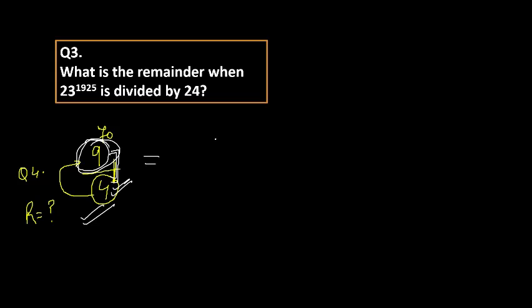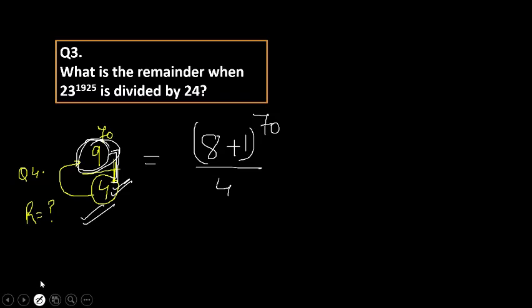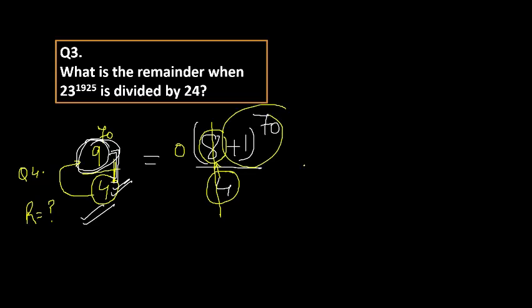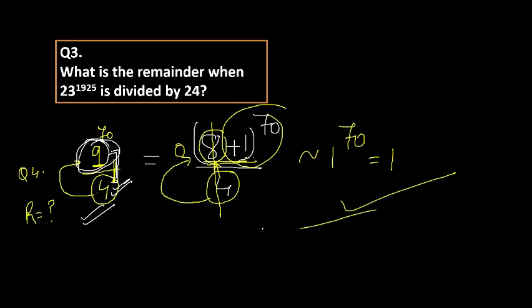Can I write 9 as 8 plus 1? तो मेरा काम तो हो जाएगा ना, बिकॉज पहले मुझे 4 यहाँ पे लाना था. Even if it is 8, divide तो हो गया ना, remainder is 0. I will get remainder from here only, right. So आप डायरेक्टली इसका multiple भी लिख सकते हैं. You can write a multiple of 4 also here, 8 plus 1. You will get directly your answer.